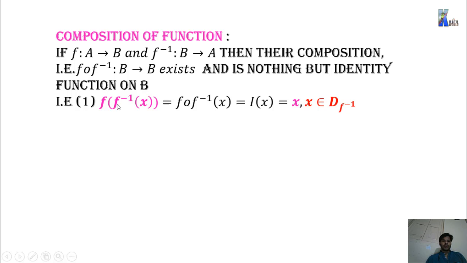Why? You can see here f inverse is applied on x. F inverse is a function, and f inverse is applied on an element of its domain. So what is the domain here? B. That's why you can write domain of f inverse, or you can also write B.